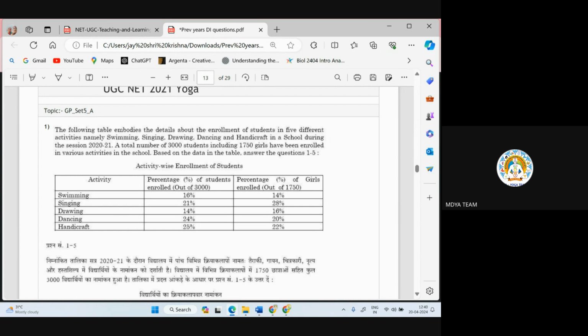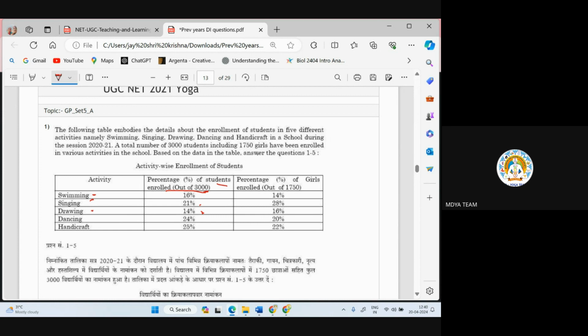Okay. So this is the percentage of students enrolled out of 3000. So out of 3000 students, 16% of total students are enrolled in swimming. 21% of 3000 students are enrolled in singing. 14% of 3000 are enrolled in drawing.